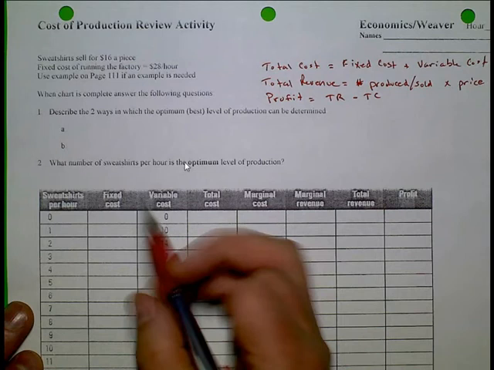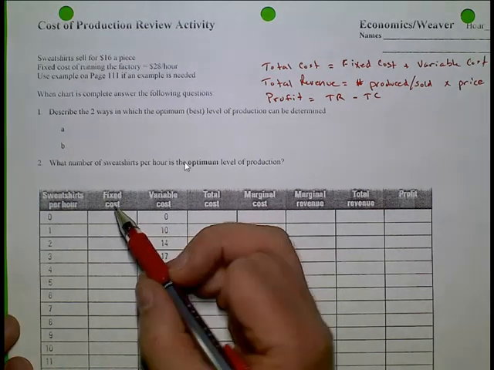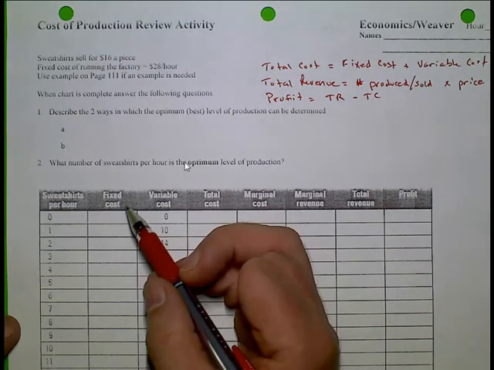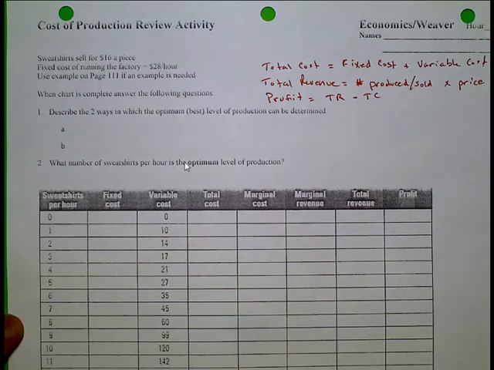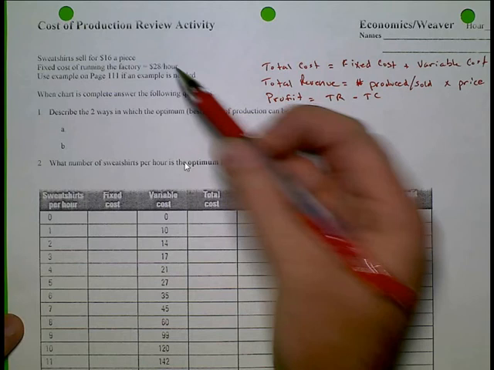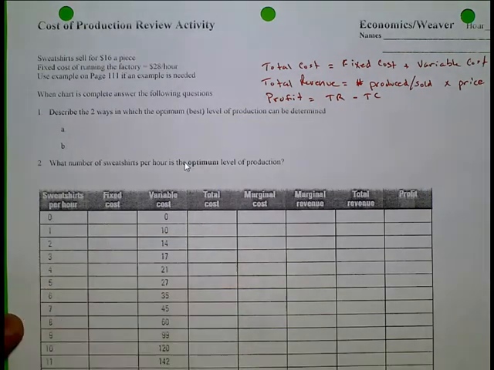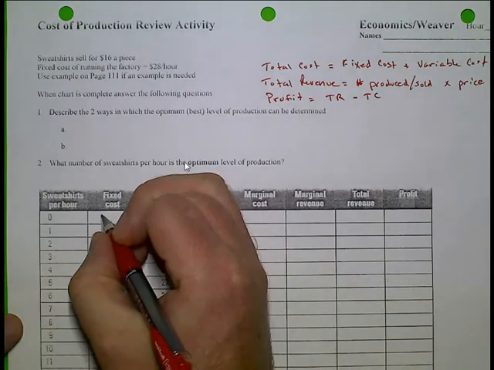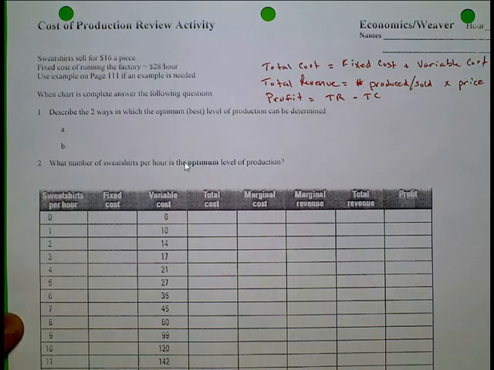Fixed costs is our first column. Do we have an idea about what might go into the fixed cost? Where did you find that? Right at the top. So when we make 0 sweatshirts, what's the fixed cost? So I heard 0 and then I heard 28.